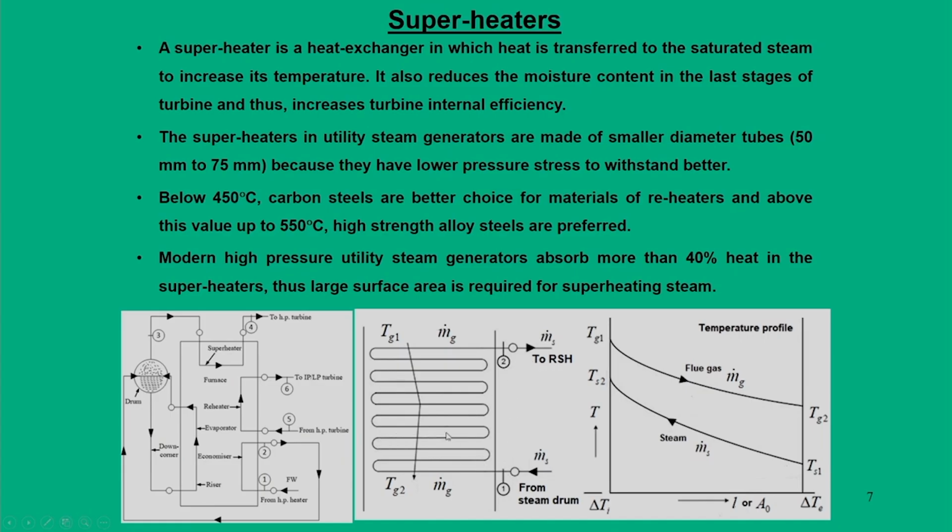These are called superheater coils. When the steam passes through these tubes, it interacts with the flue gases, which are at high temperature Tg1, and by taking heat from the flue gases, the temperature of the steam further increases.